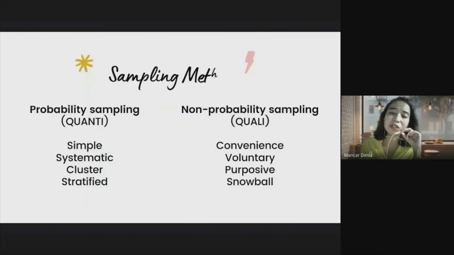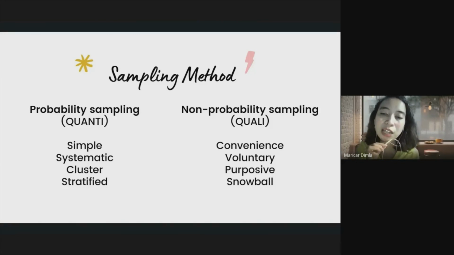We have discussed also last sem, since you are dealing with a quantitative study, so meaning you are more encouraged to use the probability sampling than the non-probability sampling. But class, I do understand na in as much as you want to utilize the probability sampling, you're being limited by our situation right now, you can utilize naman, class, the non-probability sampling. However, you have to justify it in the respondents and sampling part.